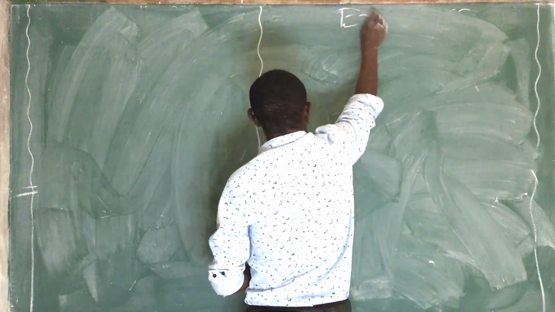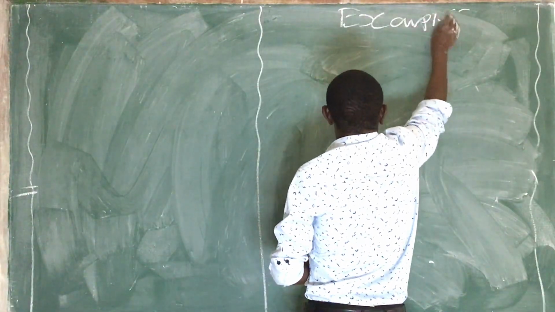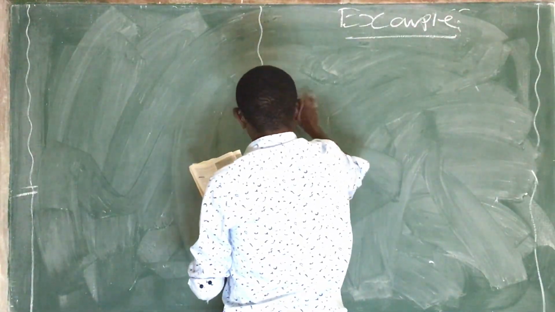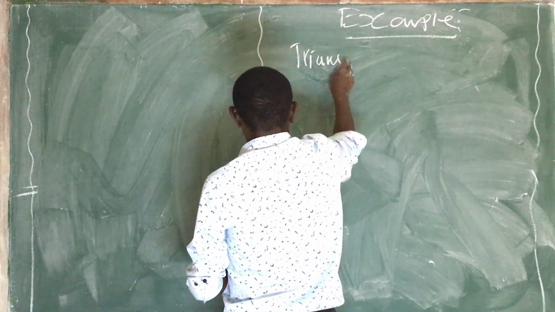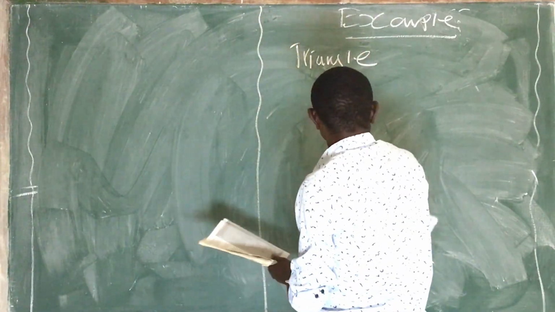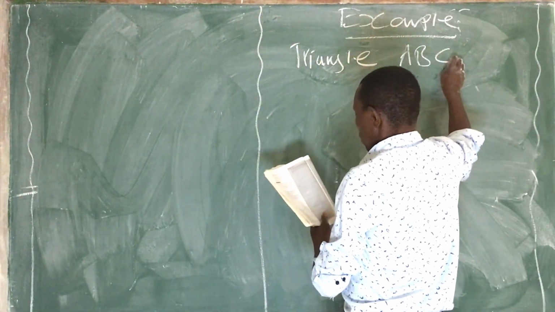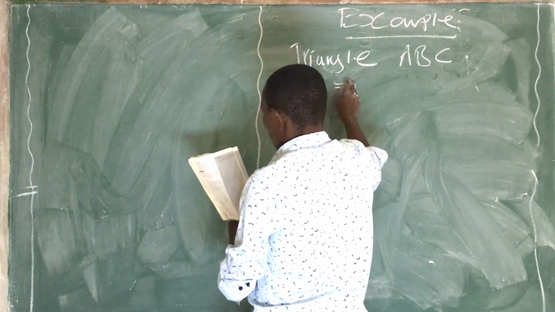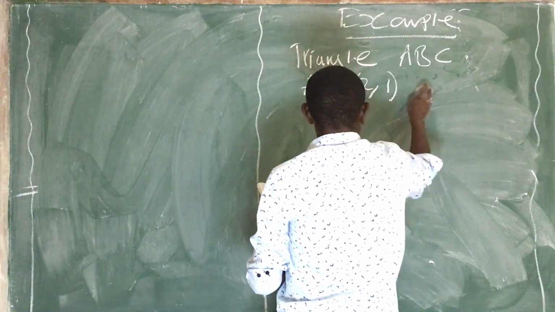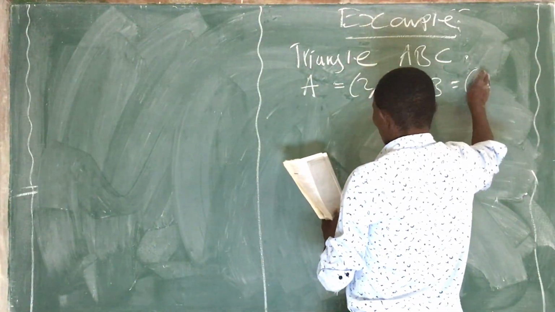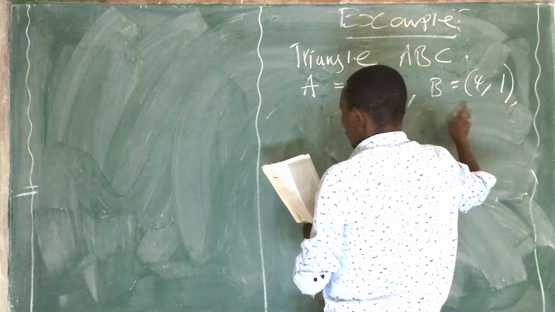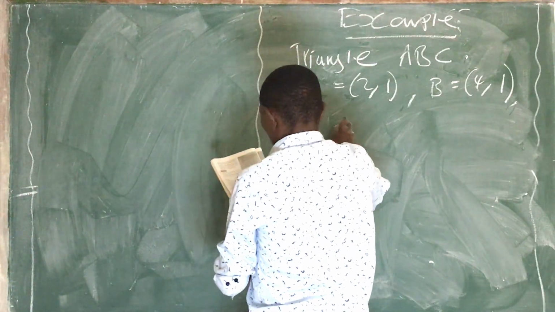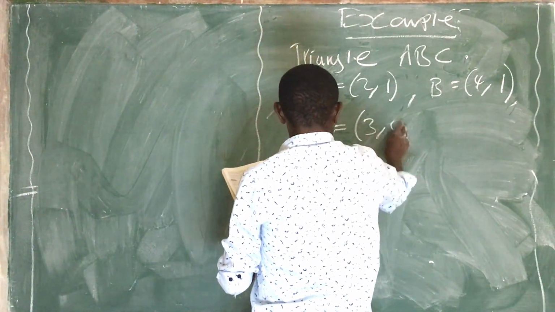So our example is this one. Here we are given a triangle ABC, in which the triangle has vertices: A is found at (2, 1), B is found at (4, 1), and C is found at (3, 4).